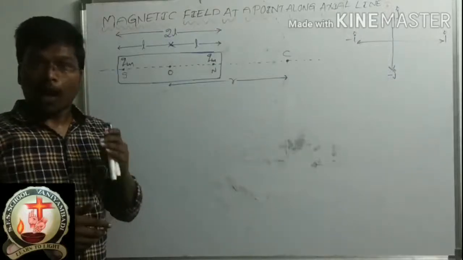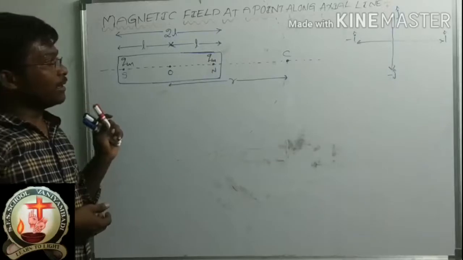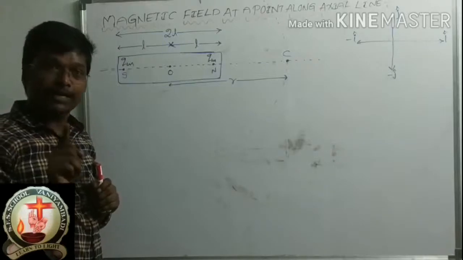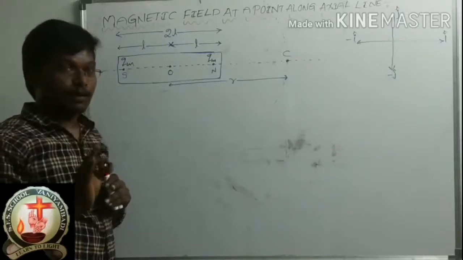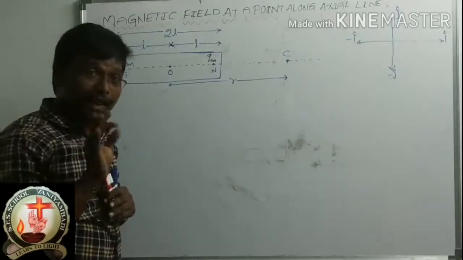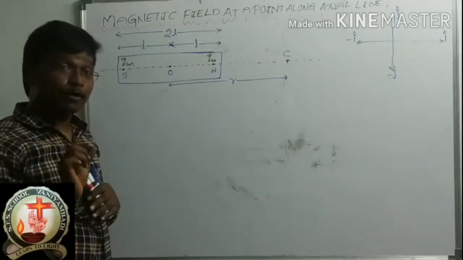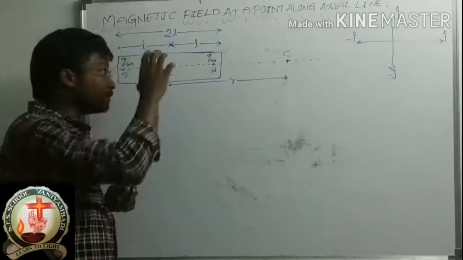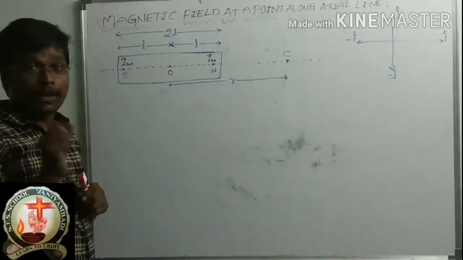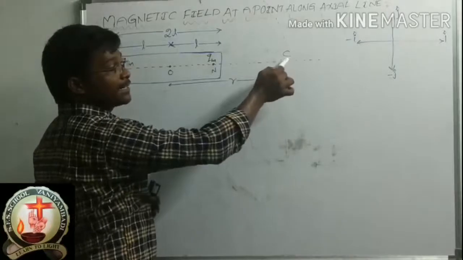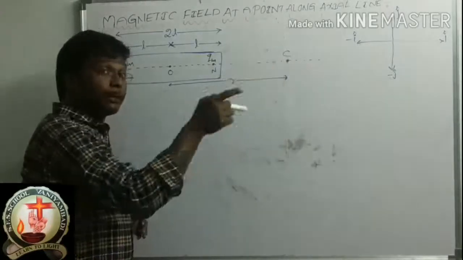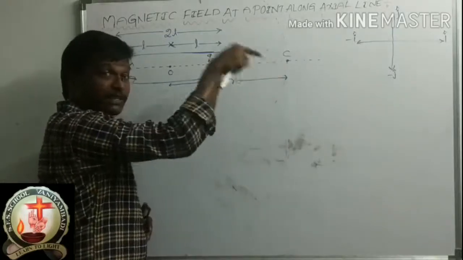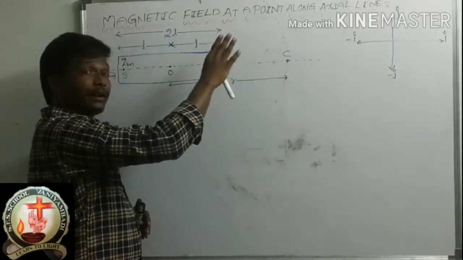Now let us consider a point C. It will be placed on the axial line, within the region of the magnetic field of the bar magnet. I will tell you once again.